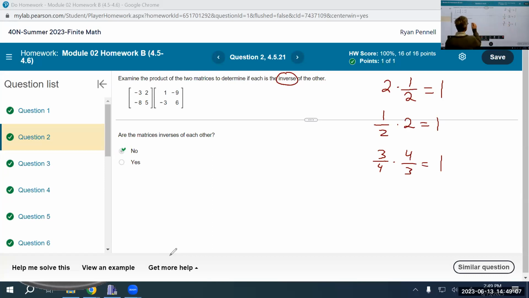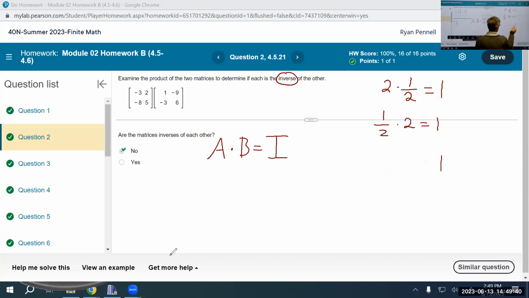So you want some matrix times another that equals the identity matrix, which is a diagonal of 1s. Everything else is 0s. This question asks, are these inverses of each other? So that means when you multiply these 2 matrices together, do you get the identity matrix back? That's what we're asking ourselves.